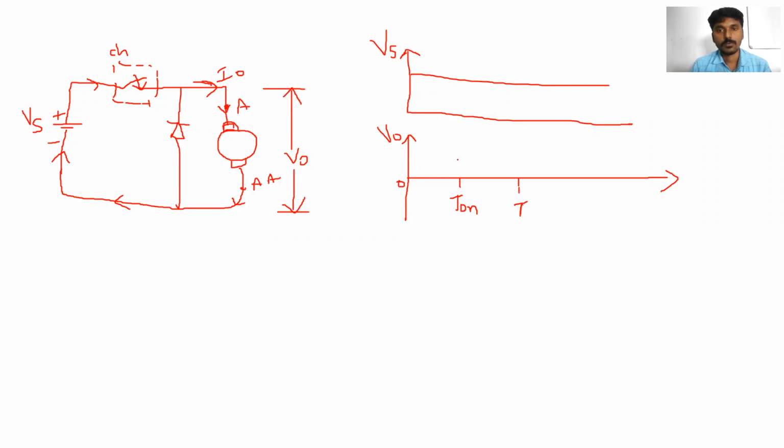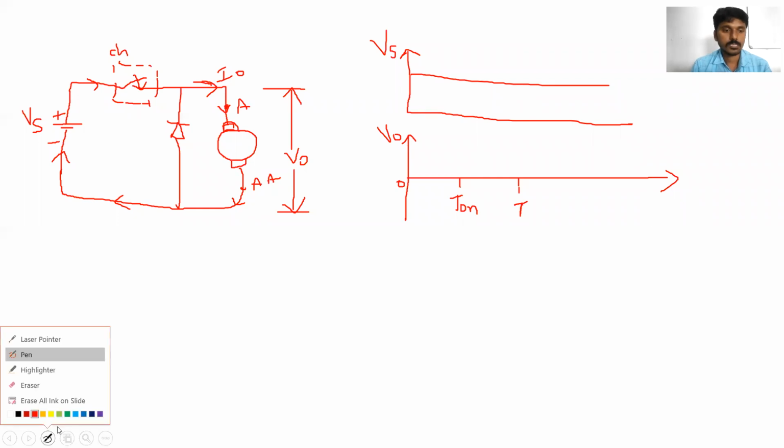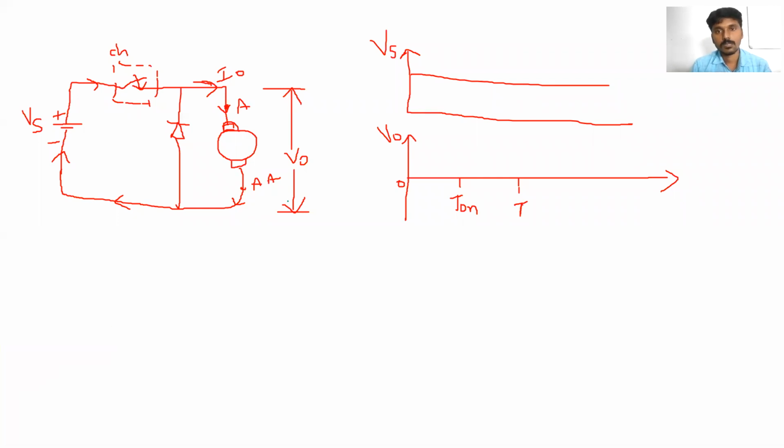When the switch is on, from 0 to this point, the output voltage is present, and its magnitude is the same as the supply voltage, like this. Clear?